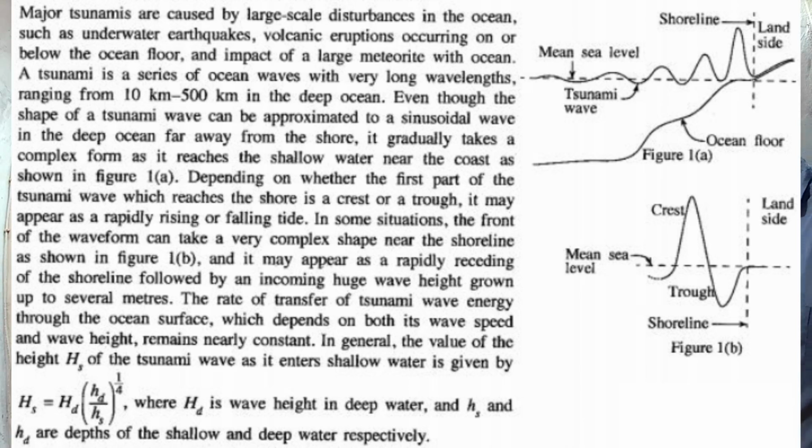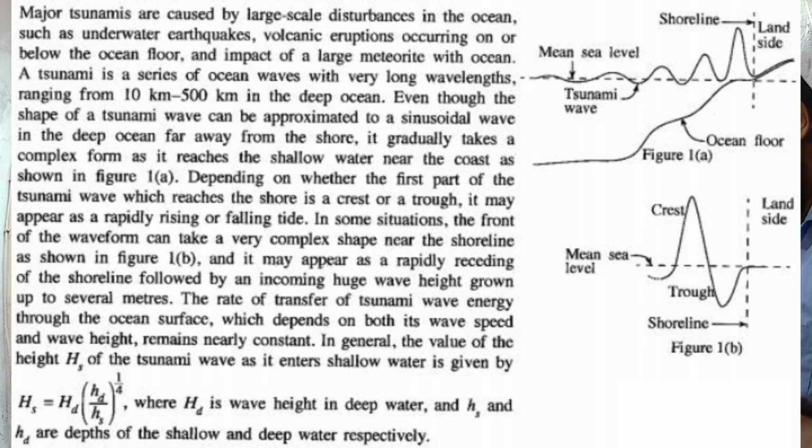Depending on the weather, the first part of the tsunami wave which reaches the shore is a crest or a trough. It may appear as a rapidly rising or falling tide.